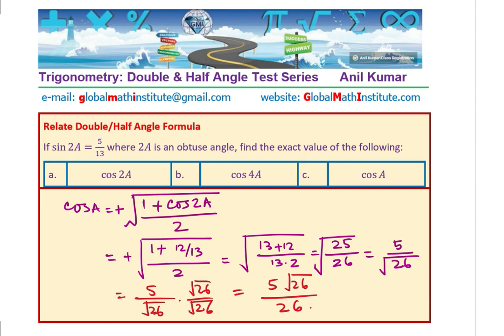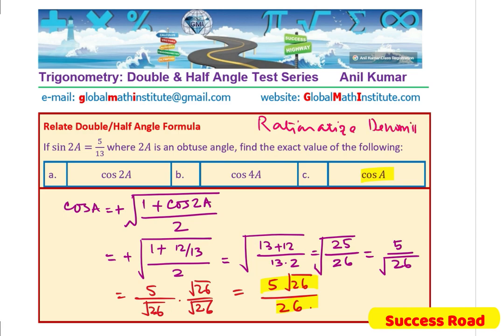So we know that cos A will be 5 square root 26 over 26. Very important to understand that we need to rationalize the denominator. Perfect. So this is important, especially if you need 100% marks, right?